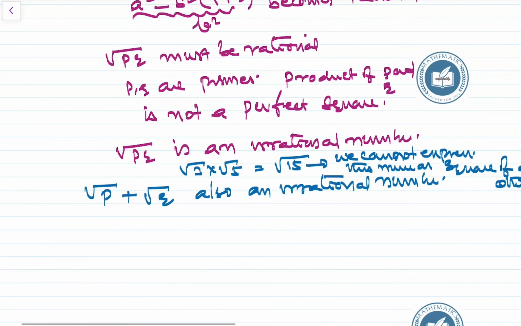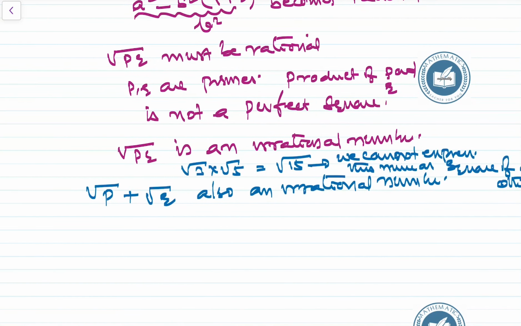So therefore root p plus root q is an irrational number.